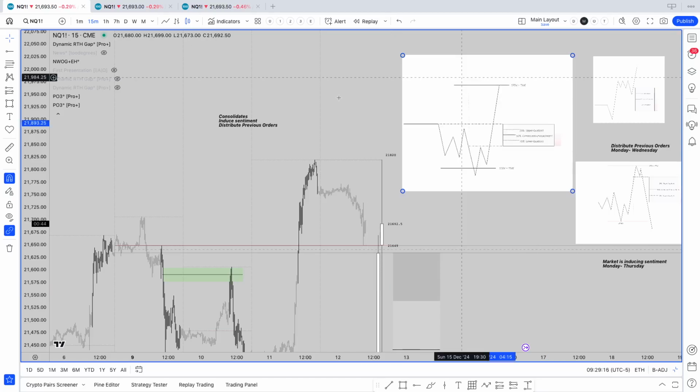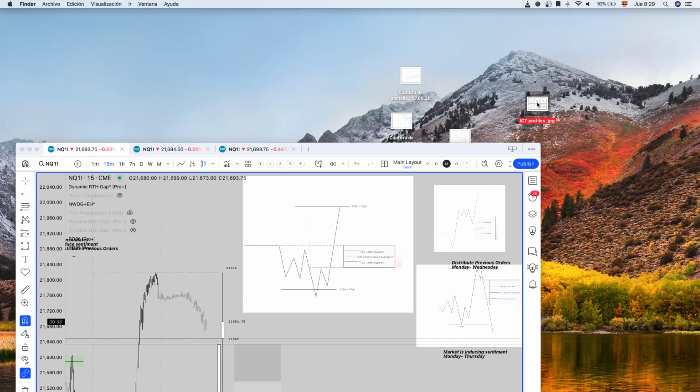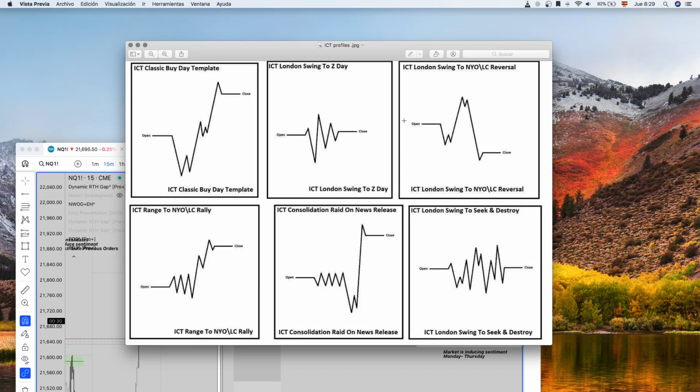You can have this profile also, which is good, like the ICT London seek and destroy. This profile is good for turtle soup entries.